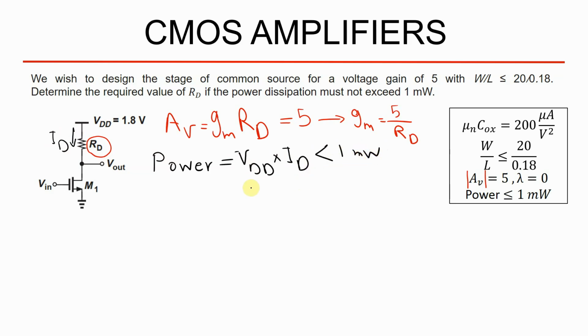So from here I can substitute VDD with 1.8 in this formula, times ID less than 1 milliwatt.